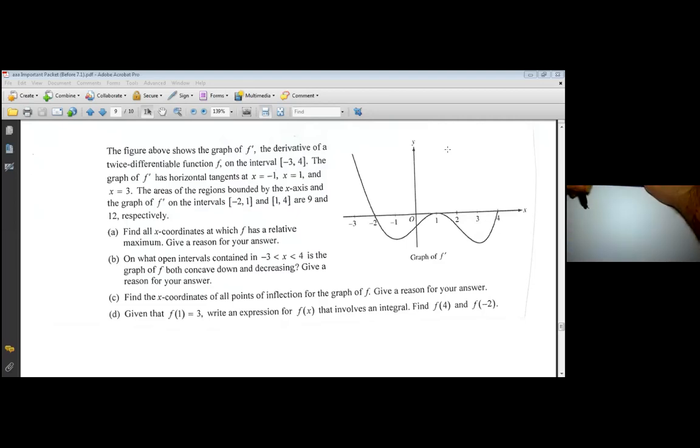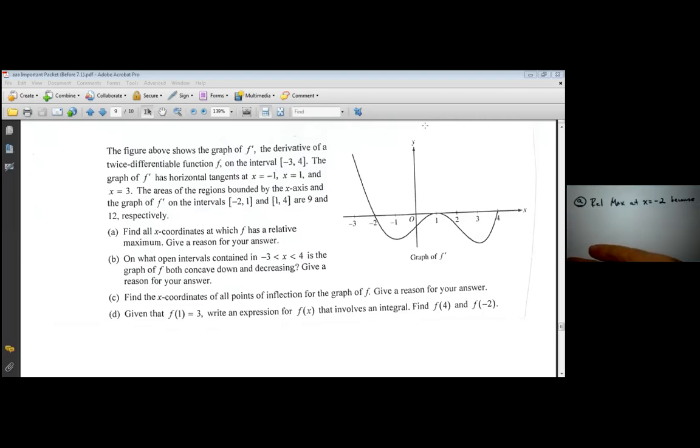-2. How did we know that? Why? Because it comes from an increasing to decreasing. All right, so there's a relative max, because we got to get full credit here now. A relative max at x equals -2 because, what's my because?